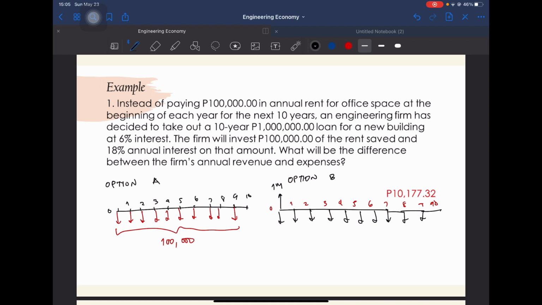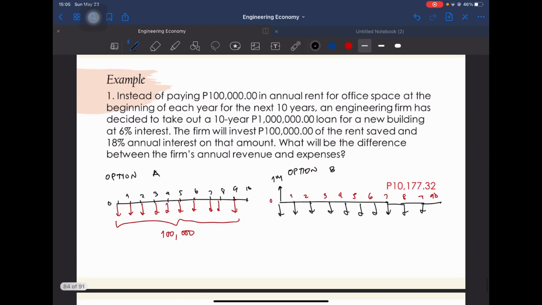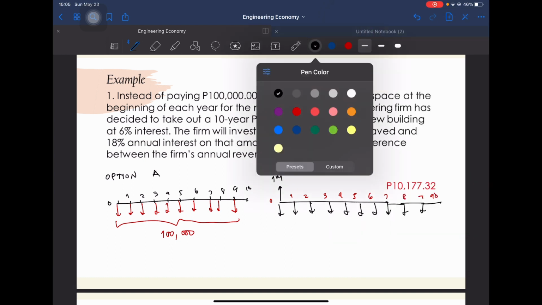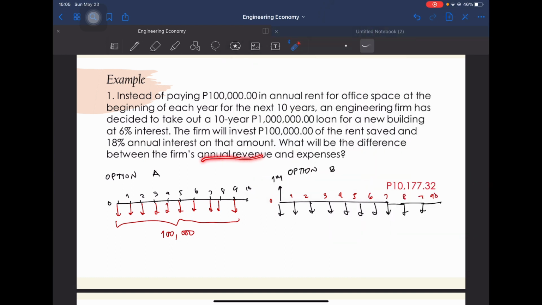Tapos, yung 100,000 tumutubo ng 18% interest annually. Okay? So, ganito yan. Kasi ang hinahanap, ano yung difference between the annual revenue o yung kita nila versus expenses.